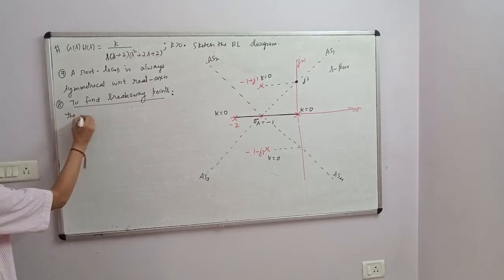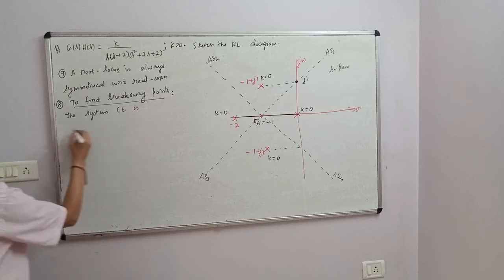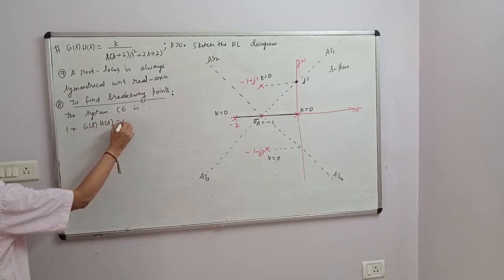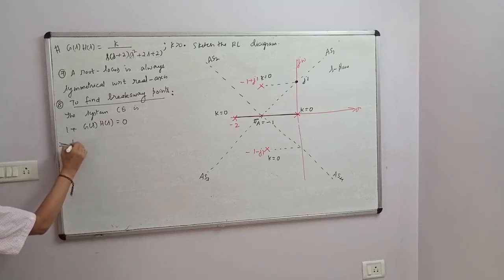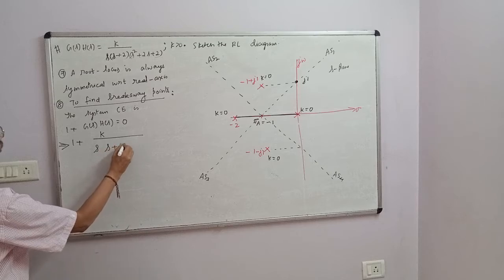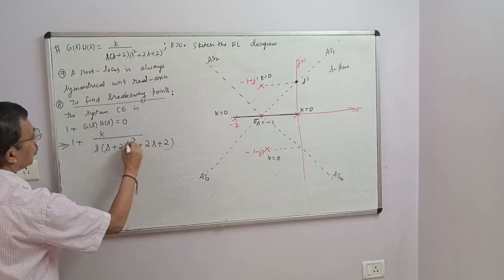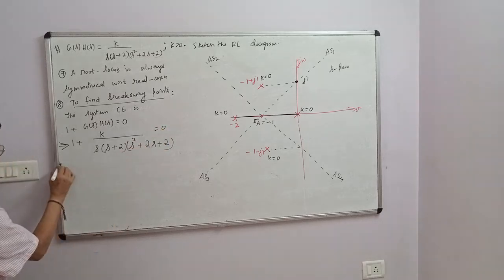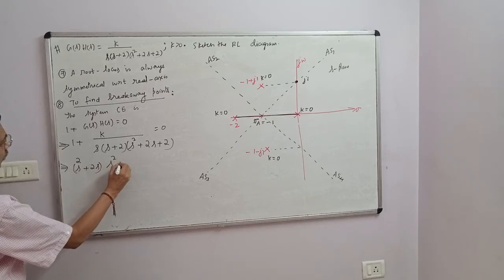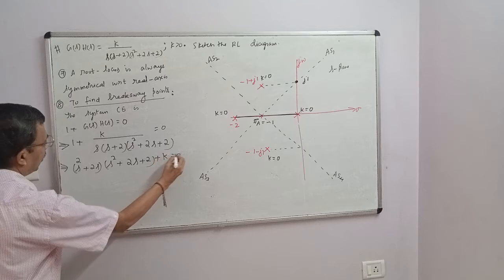The system characteristic equation is 1 plus G(s)H(s) equal to 0. This implies 1 plus K divided by s into (s plus 2) into (s square plus 2s plus 2) equal to 0. This implies (s square plus 2s) into (s square plus 2s plus 2) plus K equal to 0.